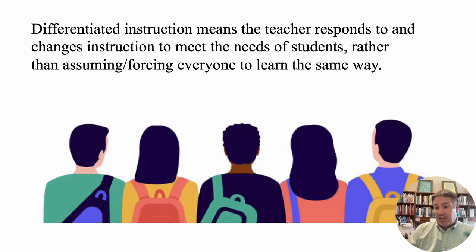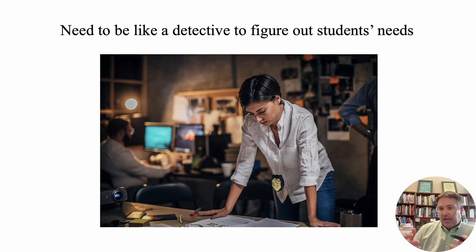And we know as special educators, kids absolutely do not all learn the same way. So we need to be ready to differentiate. We need to be ready to provide multiple options for kids to succeed. And to do this, I need to be a little bit like a detective, so I can help figure out what the students' needs are.